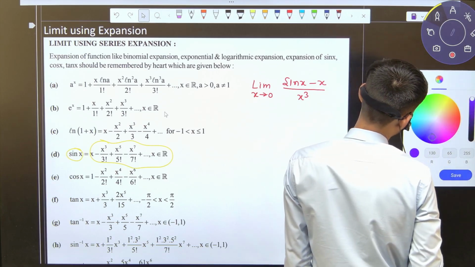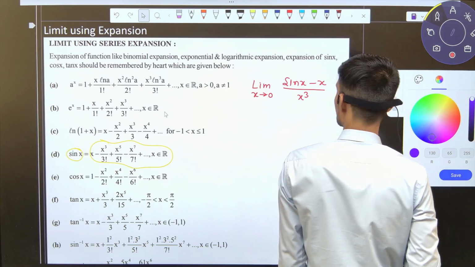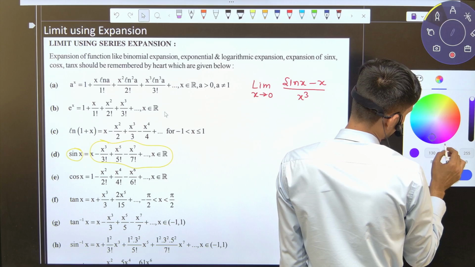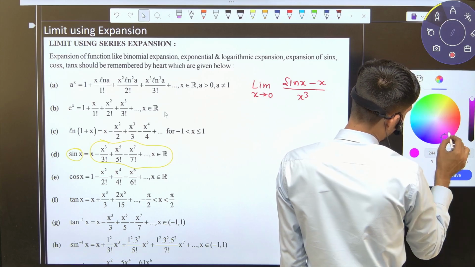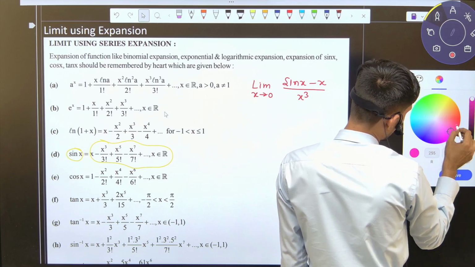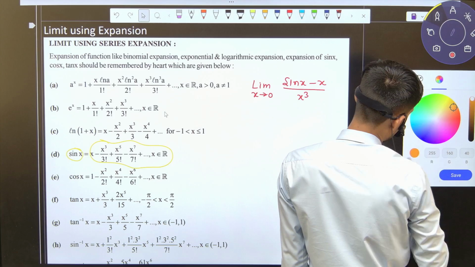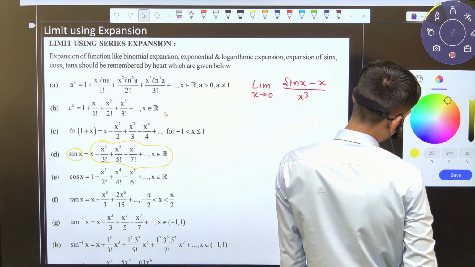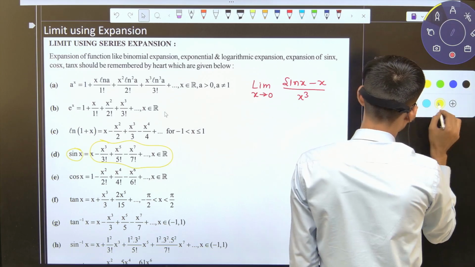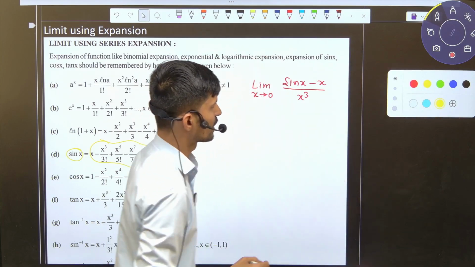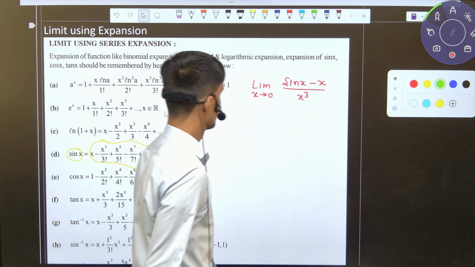Which color, sir? Black color, sir. Black is already there, sir. Pink. Pink also, baby pink. Okay, I think this will work.